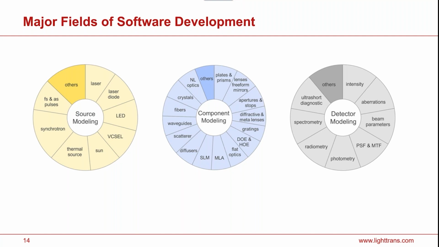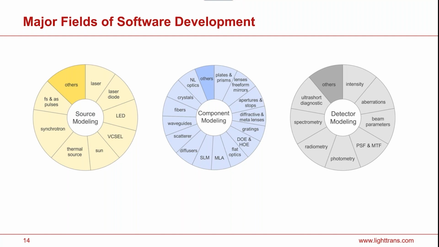Now, when we are developing software, it doesn't matter what kind of software we are doing in optics, whether physical optics or ray optics, it always includes source modeling, component modeling, and detector modeling. That's completely clear because those are the building blocks from which the system is built. In each software version we are developing, we have a focus.